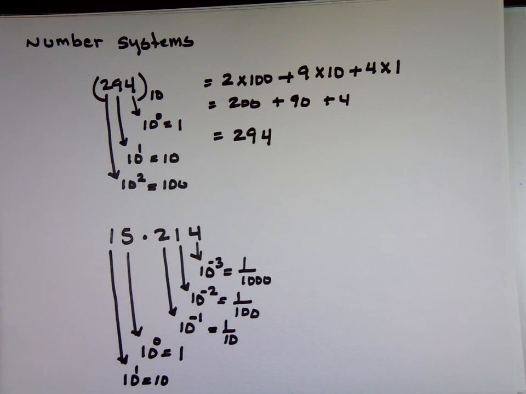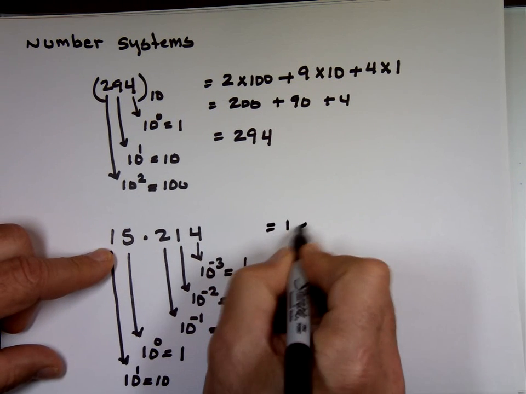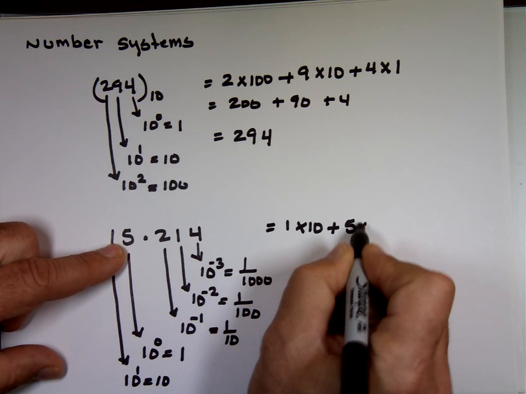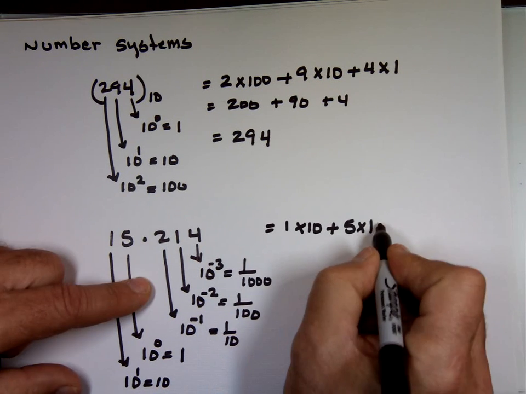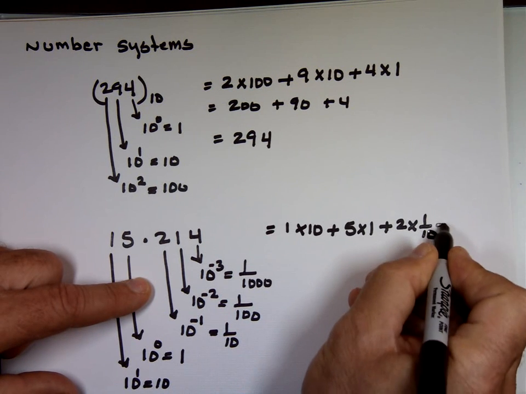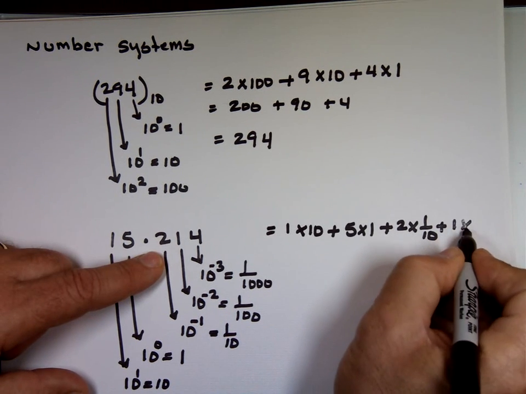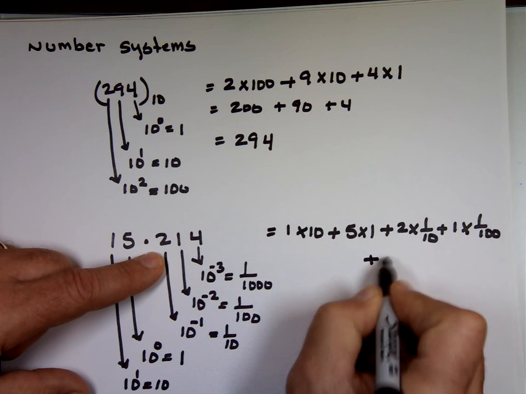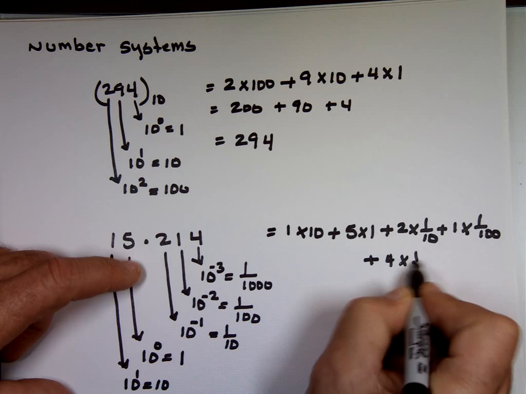So that number is equivalent to what? 1 times 10 plus 5 times 1, the weight of that is 1, plus 2 times 1/10, plus 1 times 1/100, plus 4 times 1/1,000.